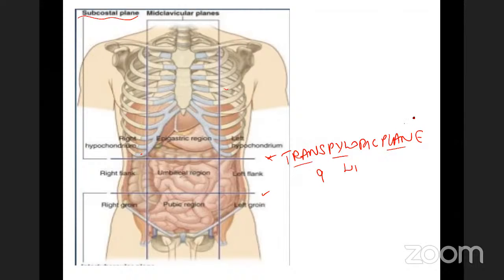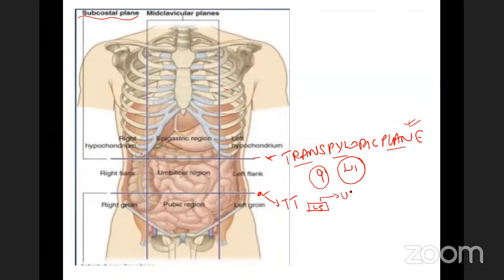They will ask the structures present at this plane. So the transpyloric plane passes at the ninth costal cartilage and cuts the lower border of L1. What you're seeing here is the transtubercular plane. This transtubercular plane passes at the upper border of L5.